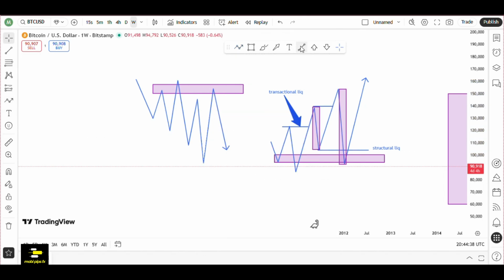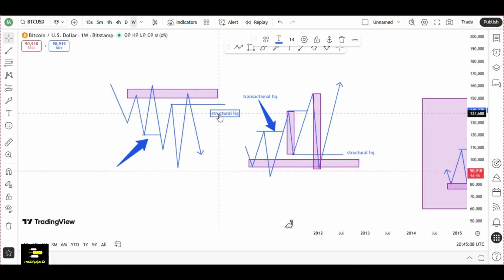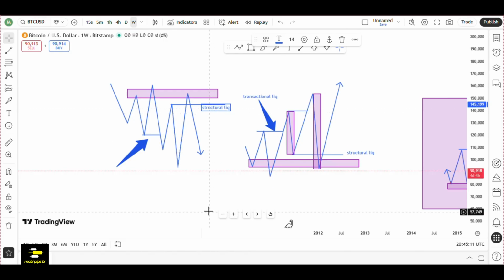Where is our structural liquidity? Our structural liquidity is here. Our transactional liquidity is here. Okay, so I hope it's sinking in. Let's label this. Our transactional liquidity is right here, and our structural liquidity is sitting here.